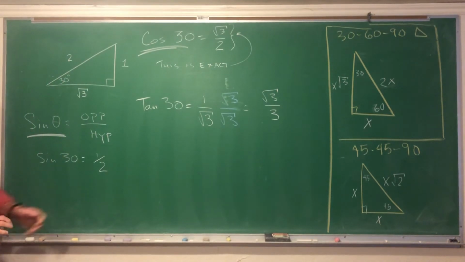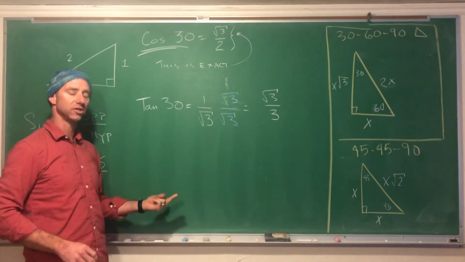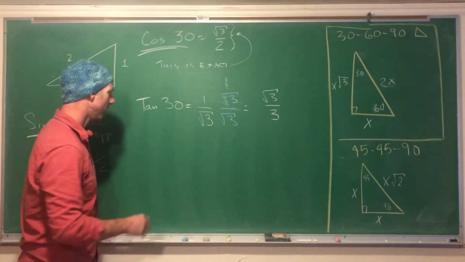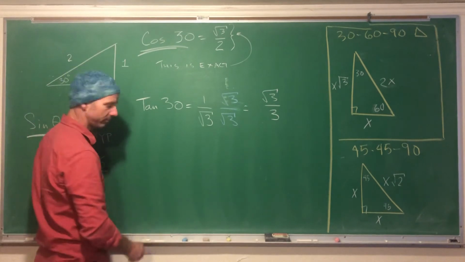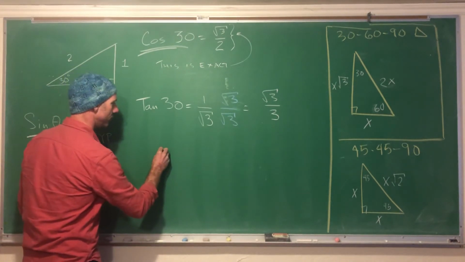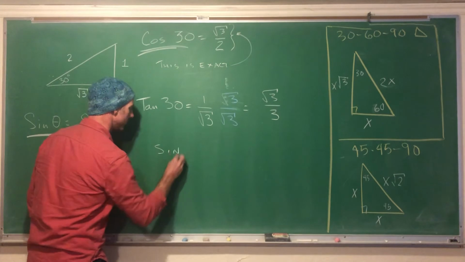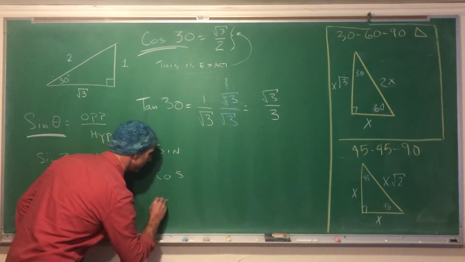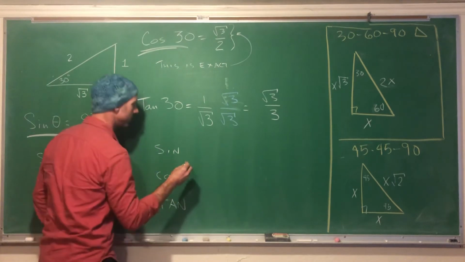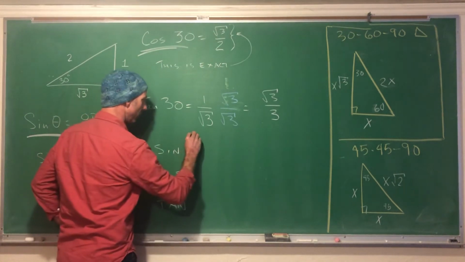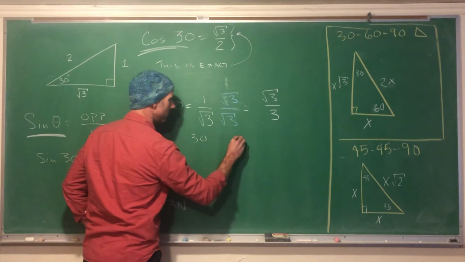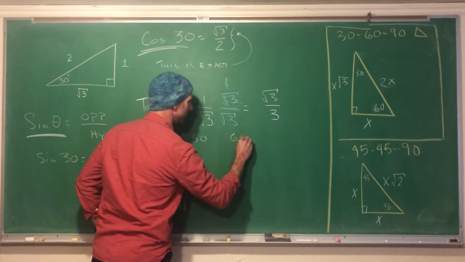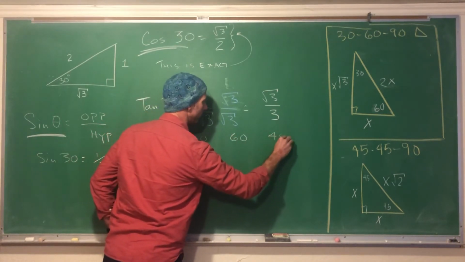Okay, so you can go through this and you can determine the sine, cosine, tangent for all the angles. Let's take a look at that. Let's do sine, cosine, tangent, and we'll do it for 30, 60, and 45.